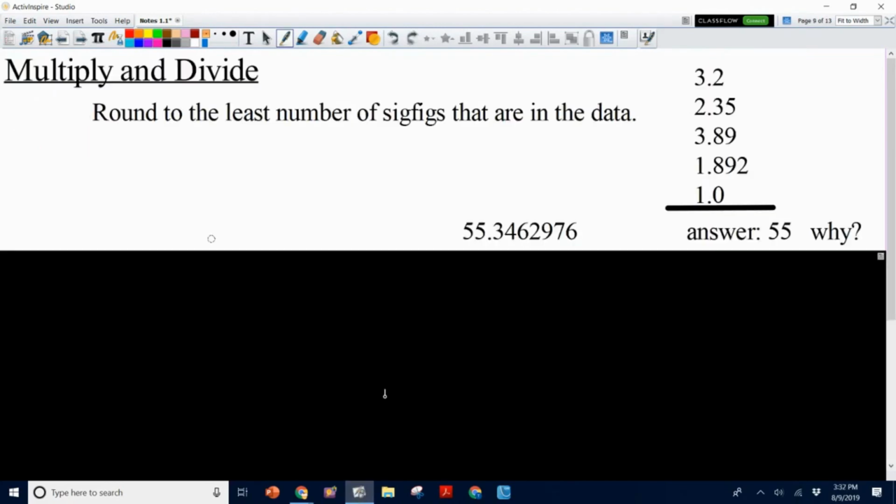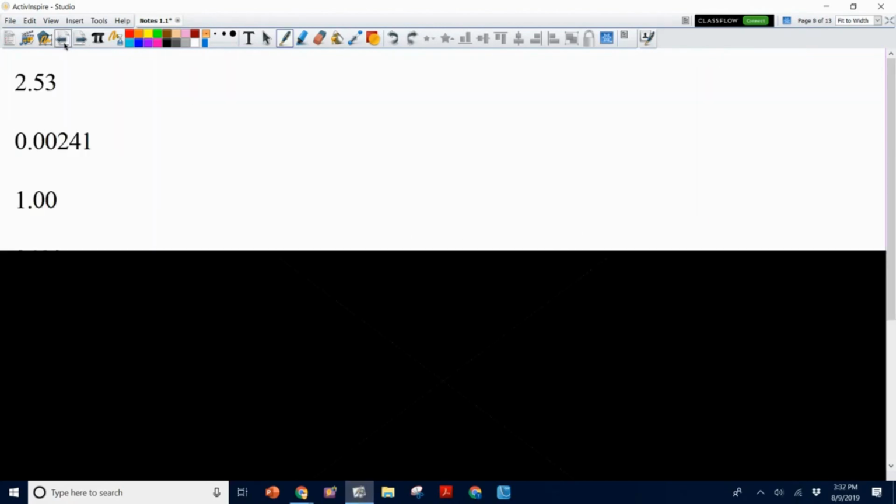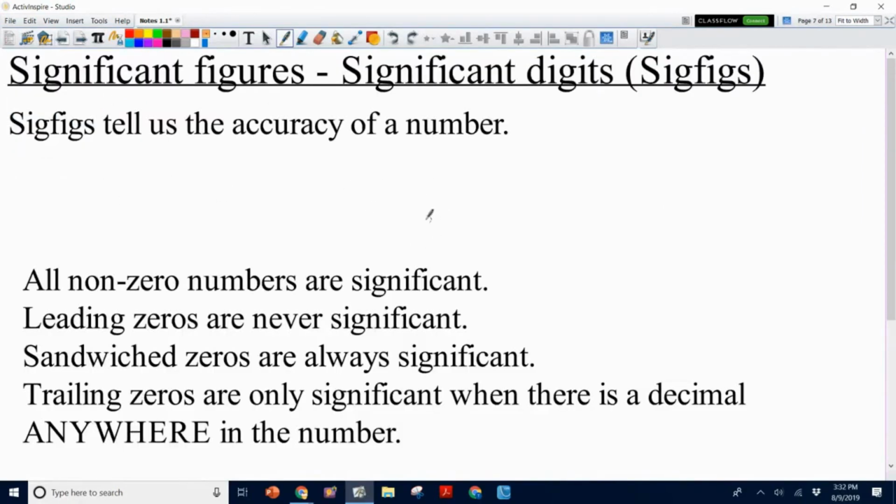All right, one thing that I want to say here, I'm going to go back. Significant digits. This is one of the concepts that we're going to use all year long. So please, it's very important that you learn how to count significant digits, learn these rules, learn how to apply them, because again, this is something we're going to use all year long.